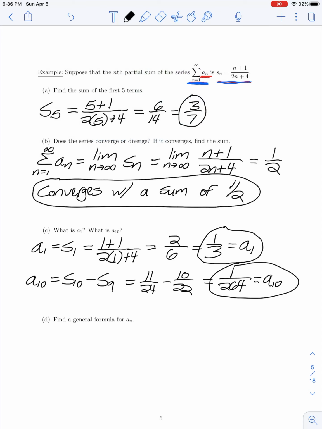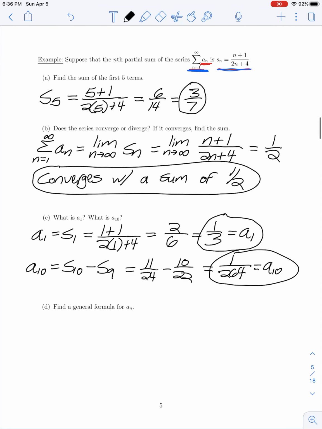So just like we did in part C, if I want a general term for a sub n, I could take my nth partial sum, Sn, and subtract the (n minus 1)st partial sum. So I'm taking the sum of the first n terms and then subtracting the sum of the first n minus 1 terms, and that leaves me with just that nth term a sub n.